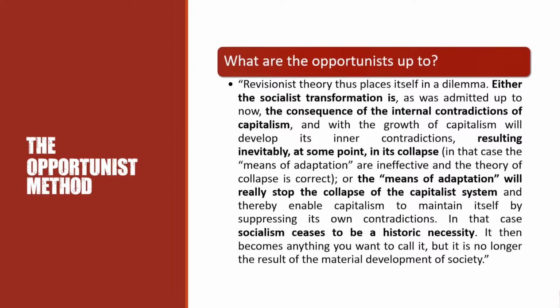So she's pointing out that if you take this revisionist or opportunist or reformist perspective, they're kind of all used interchangeably, that basically we can reform our way out of capitalism, then you are abandoning socialism as a historic necessity.